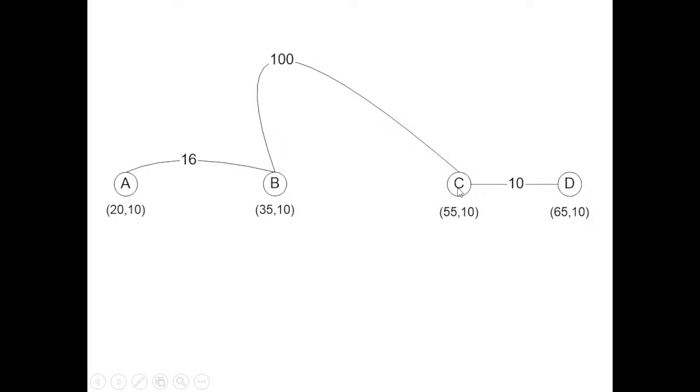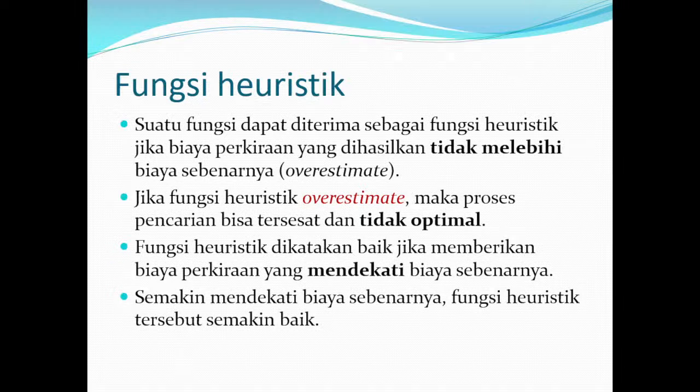Okay, so this is only an illustration. I should explain why there is an idea about it. If we have a heuristic function, we can use that function as a heuristic if the estimated values produced by that function do not overestimate the actual cost.